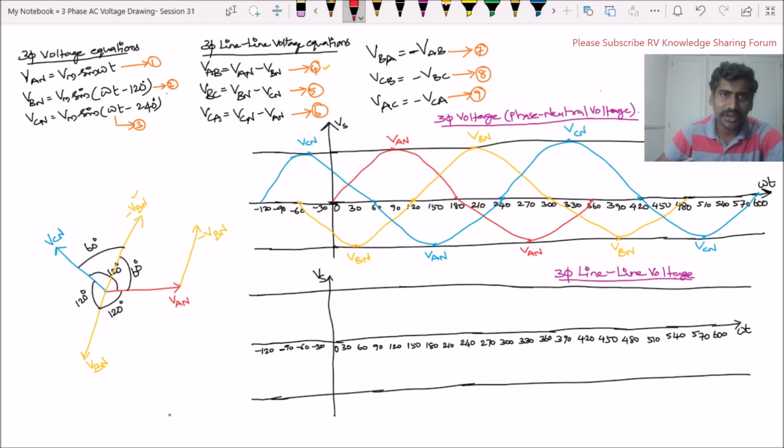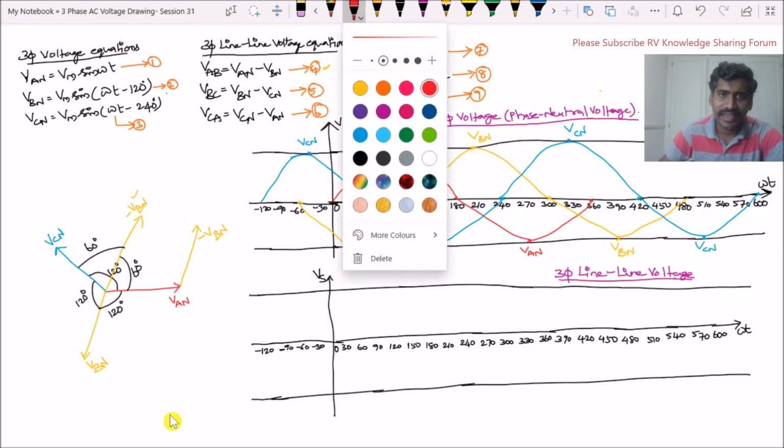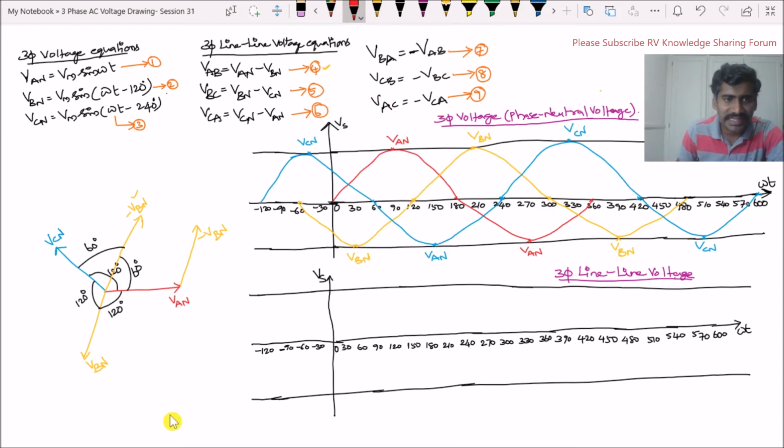So now let us draw VAN also. This is our parallel phasor VAN which is parallel to this phasor VAN. According to equation 4, now we have to add this phasor VAN and this phasor minus VBN in order to get our resultant line voltage VAB. So this is our resultant line voltage VAB, which is the addition of VAN and minus VBN.